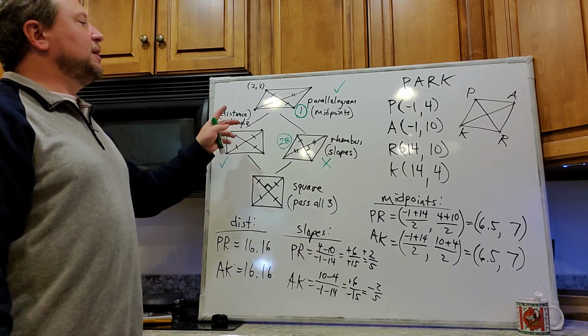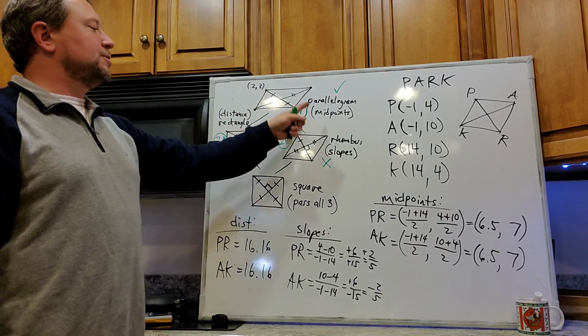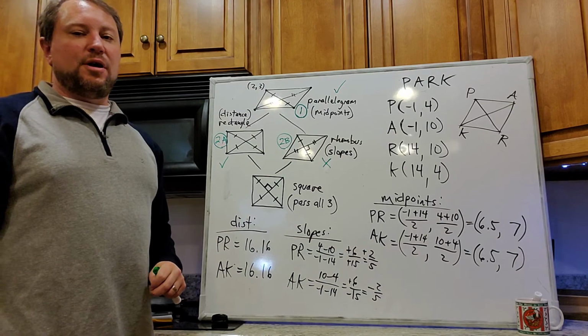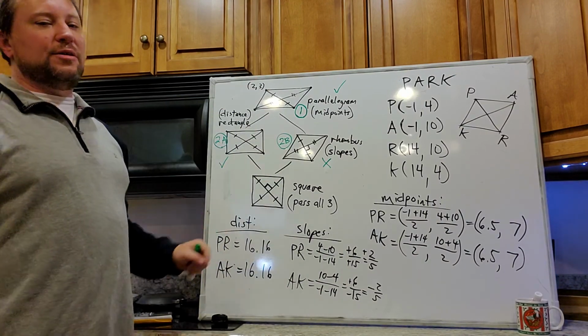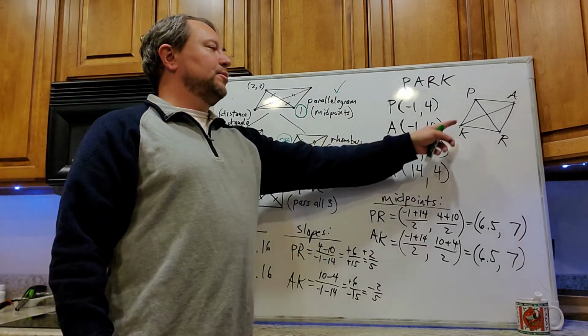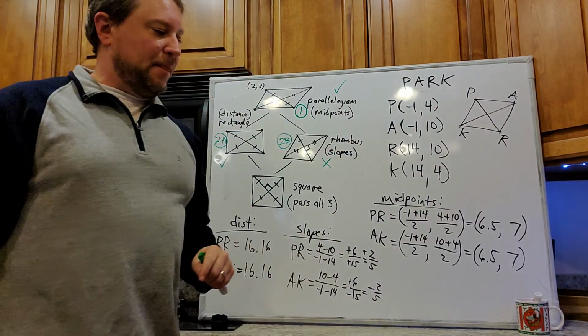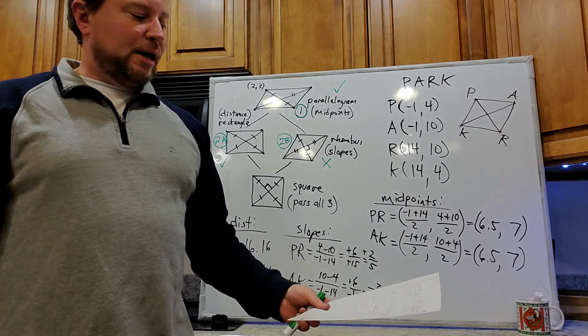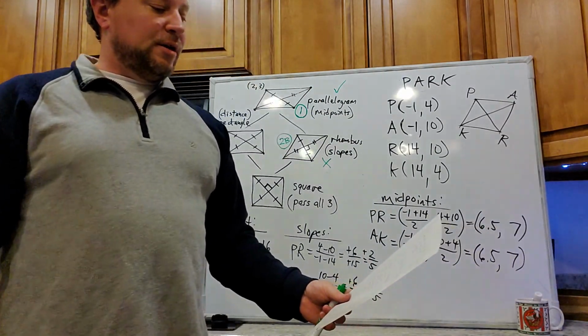But this is a great way to show whether it's any one of these 4 shapes. So we only have 2, 4, 6 things to show, and you could show it's any one of these 4 shapes. Again, all based off of diagonals, okay? PR and AK.